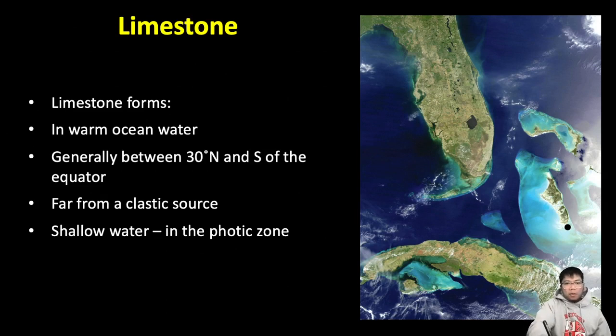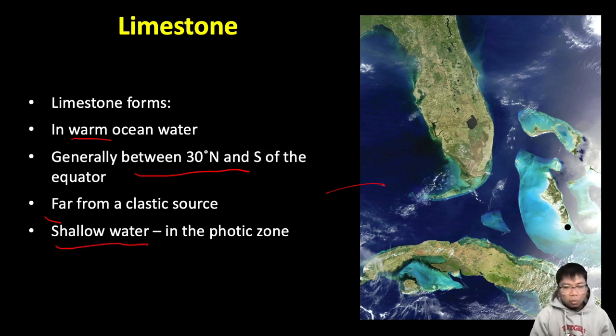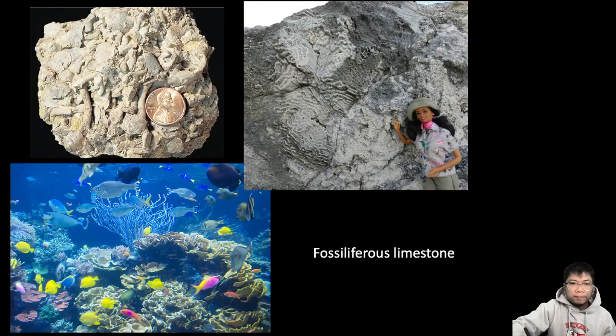So again, limestone forms in warm ocean water, between 30 degrees north and 30 degrees south, cannot have a lot of clastic input into the basin, and forms typically in shallow water in the photic zone.